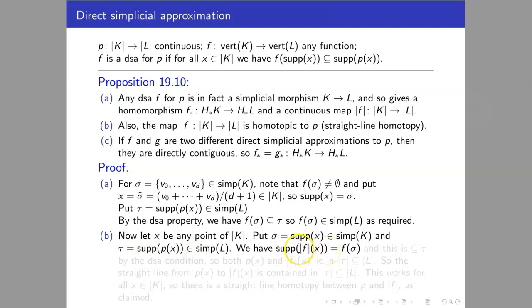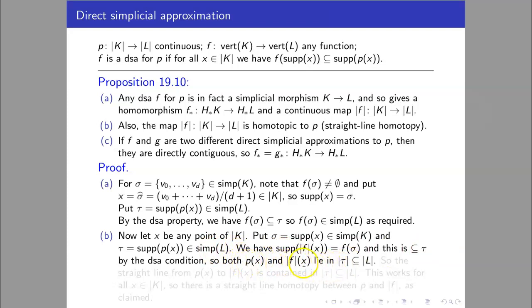Okay, but if you remember how |f| works, x is a convex combination of vertices, and then we just apply f to those vertices and use the same coefficients. So from that point of view, it's clear that the support of |f|(x) is just f of sigma. And the direct simplicial approximation condition tells us that f of sigma is contained in tau. Okay. So if we look at p(x) and |f|(x), they both have support contained in tau.